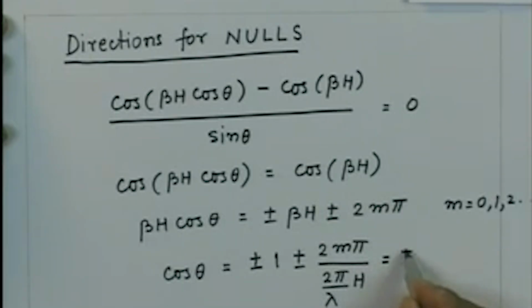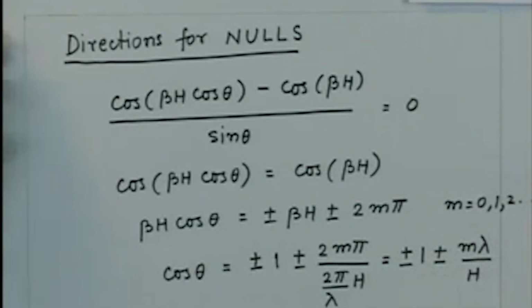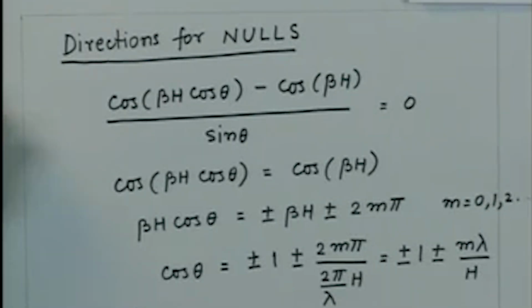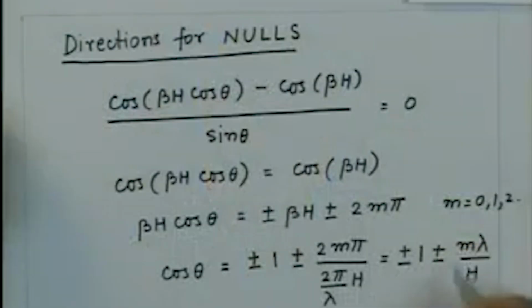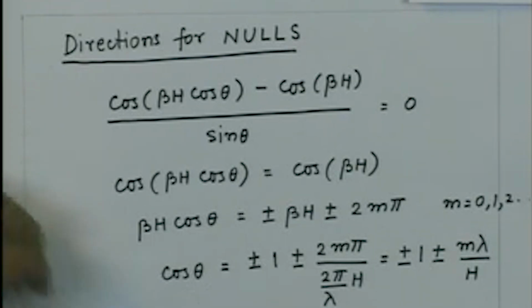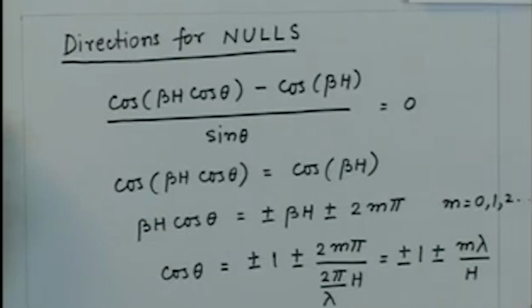So, this will be ±1 ± mλ by h. So, we will have nulls whenever this condition is satisfied. So, knowing the value of h, I can try for all possible values of m for which the magnitude of cos θ is less than or equal to 1, and that will give me the directions for the nulls.